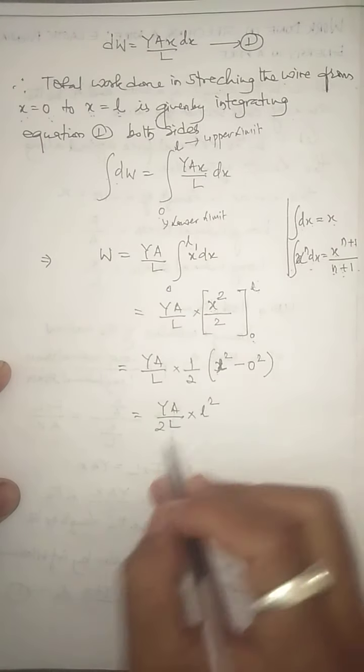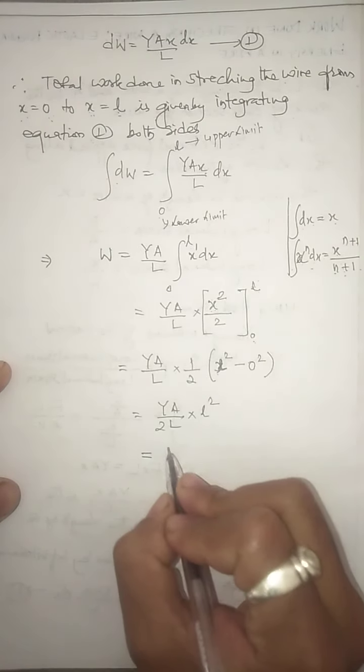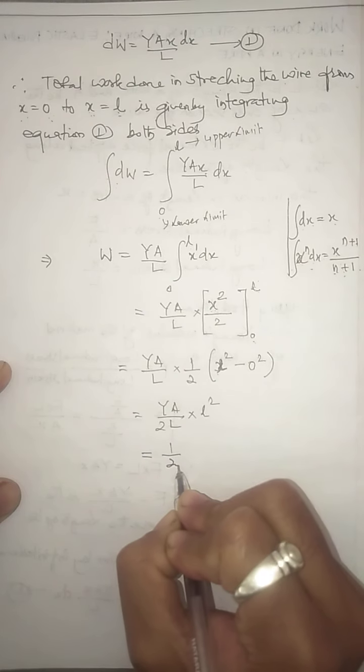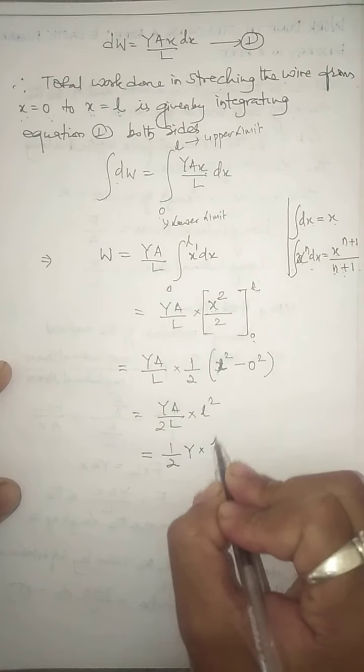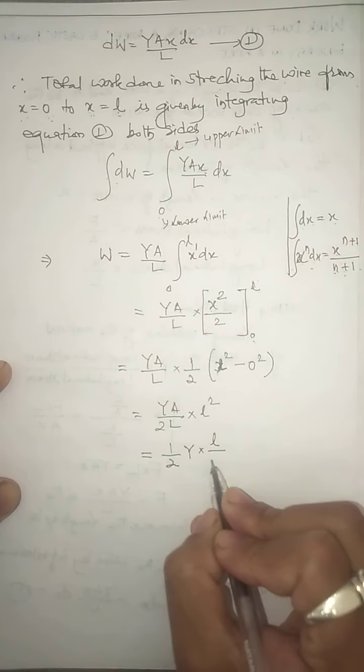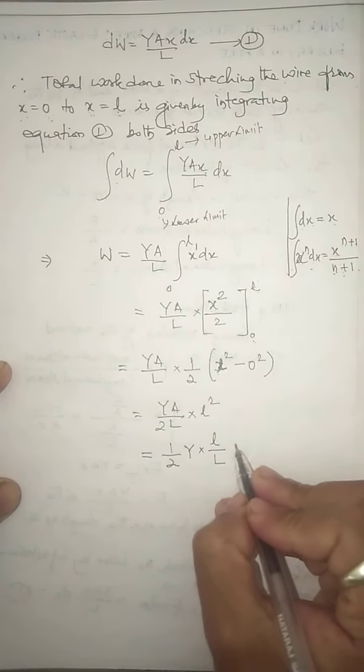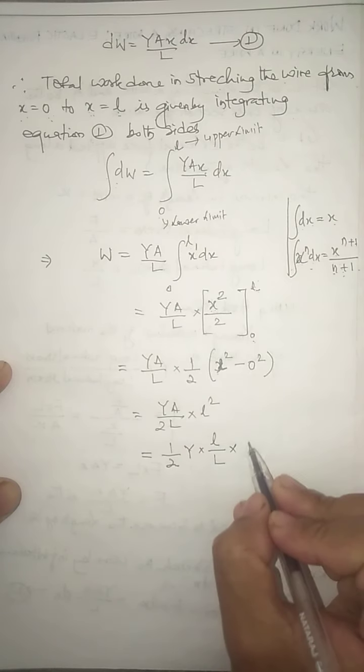Now I rearrange this expression and write it this way. I'll write 1 by 2 separately. Then I write Y. Then this L square I'll break and write as l and l. And A is already there.